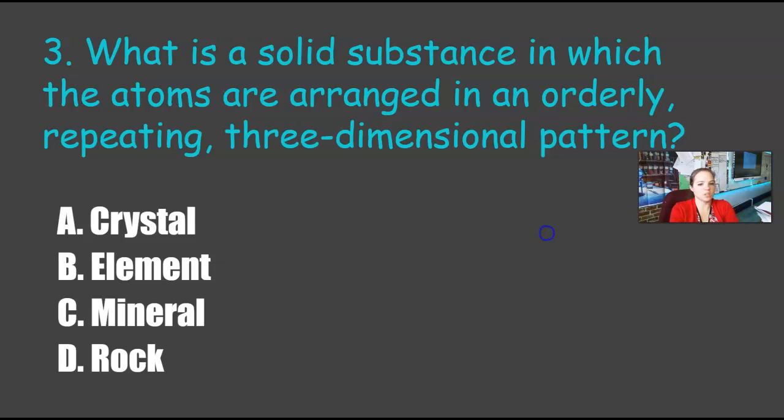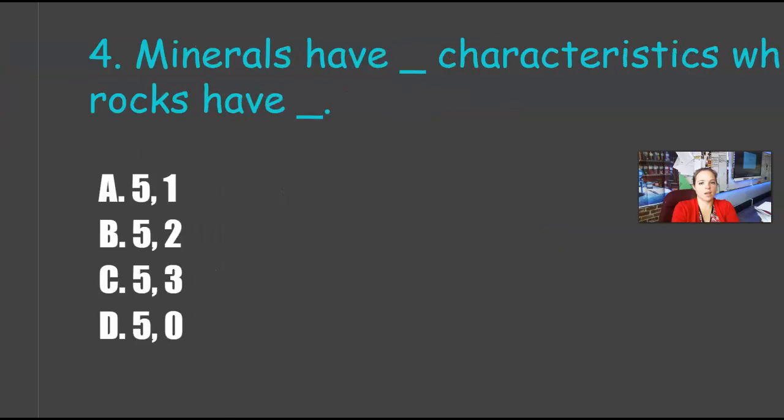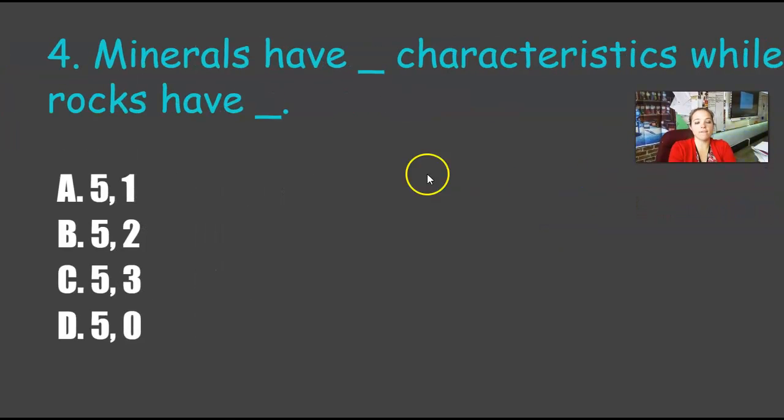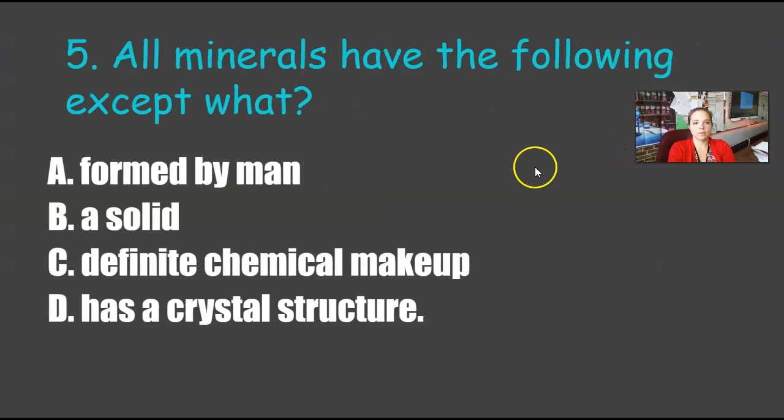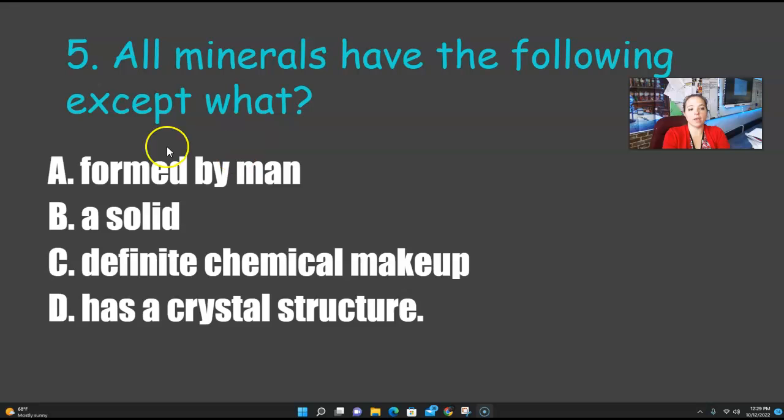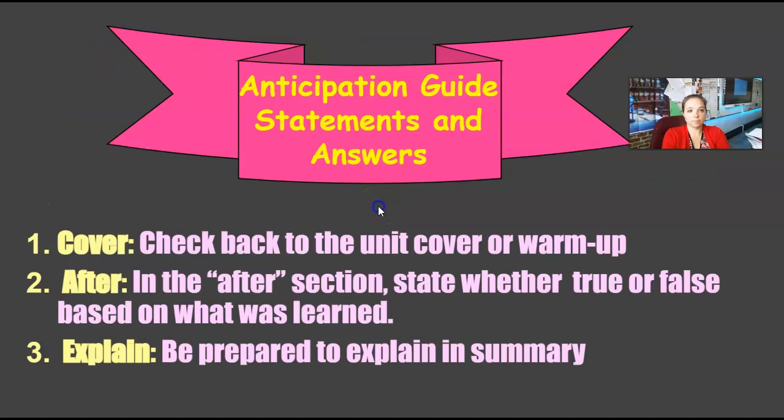This one's a crystal. Minerals have 5, I'm hoping you got 5 characteristics, while rocks only have 2 of those. All minerals have the following except what? They are solids, they have a definite chemical makeup, they have crystal structure. What they aren't is formed by man.